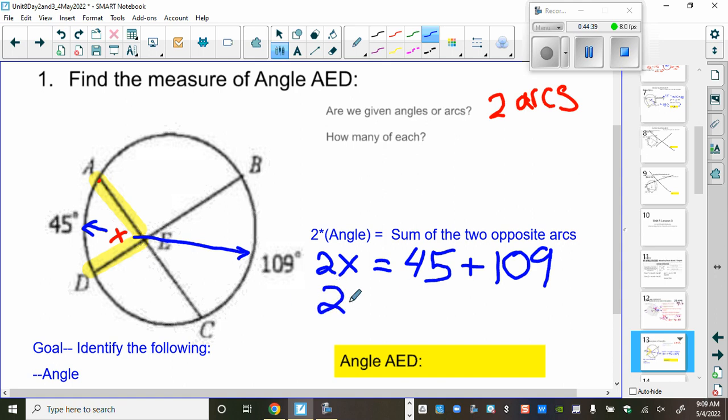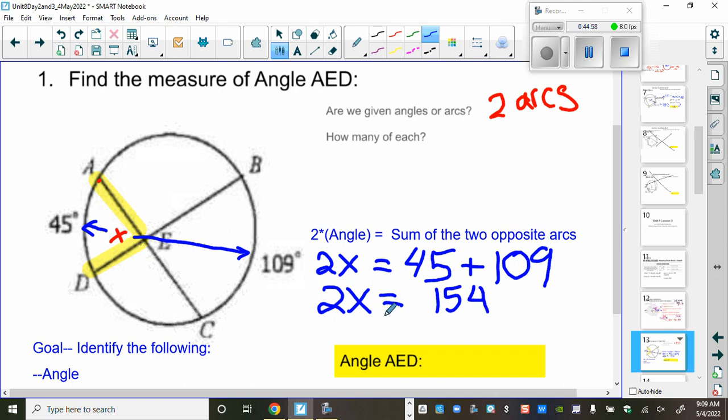What do we get when we add them? That's step number 1. And then what are we going to do with the 154?